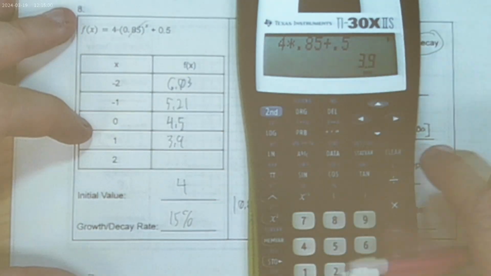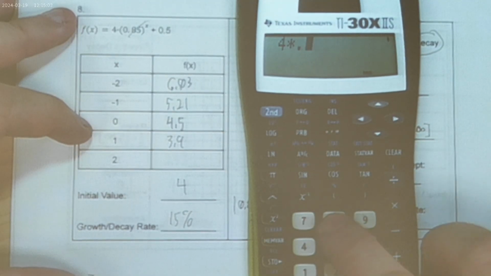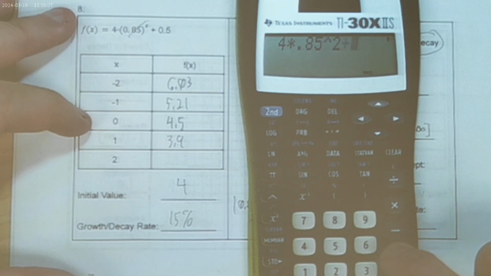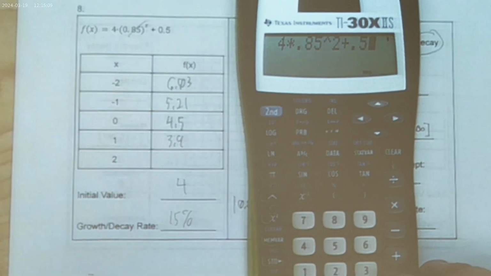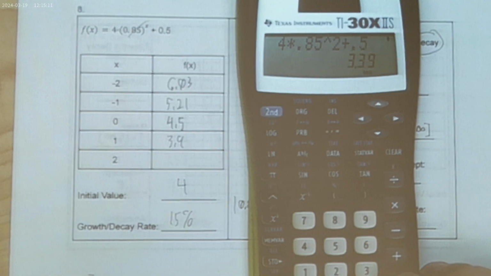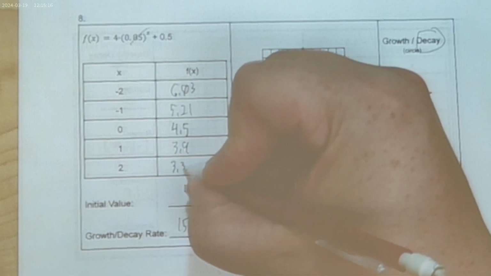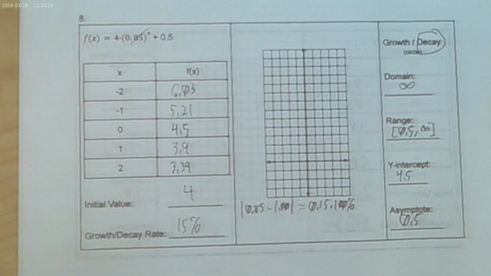That equals 3.9. And then finally, 4 times 0.85, up arrow 2, plus 0.5, and that gives me 3.39. So 3.39 will finish off our table.